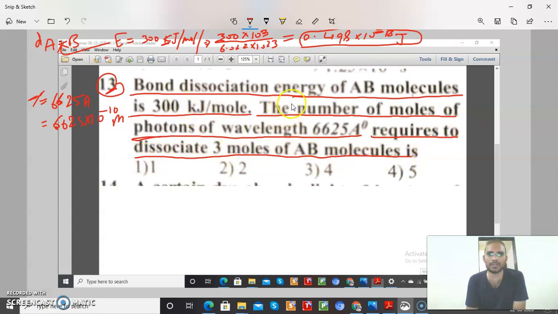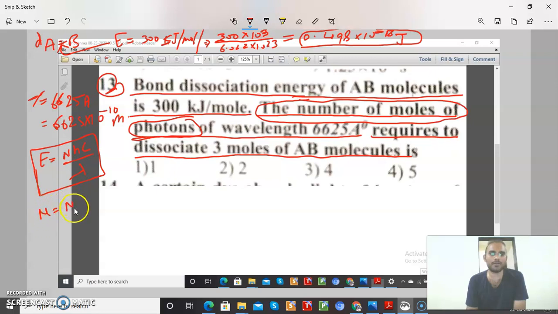Again the number of moles they are asking: the number of moles of photons of this wavelength required to dissociate 3 moles of AB molecule. One equation we know: E equal to n hc by lambda, where capital N is the number of photons.